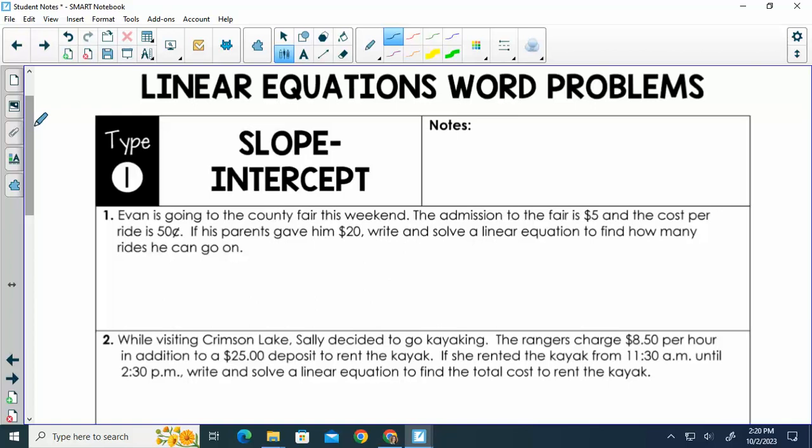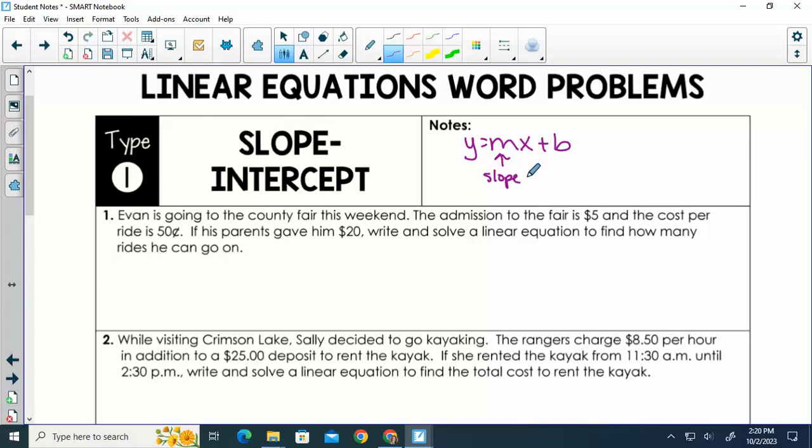When we are dealing with lines, the equation of a line, slope-intercept form, is y equals mx plus b. M is our slope.